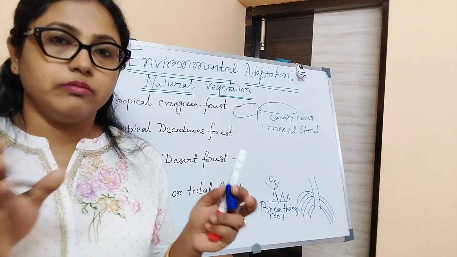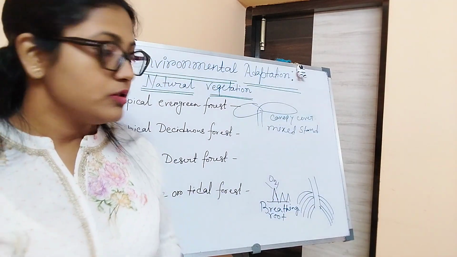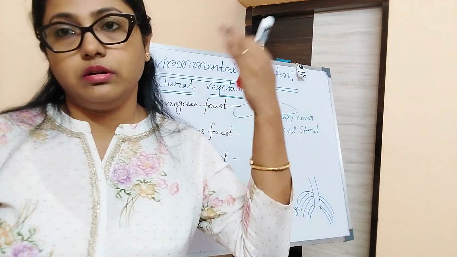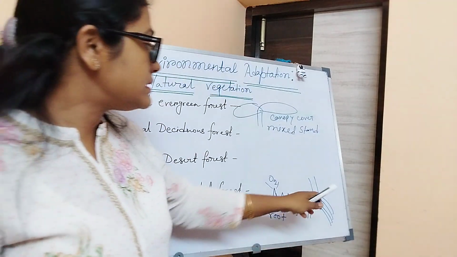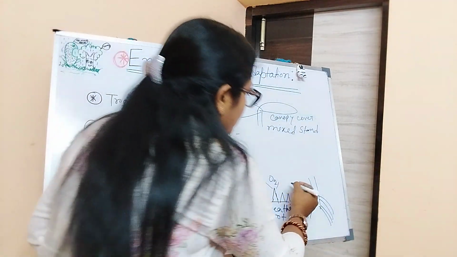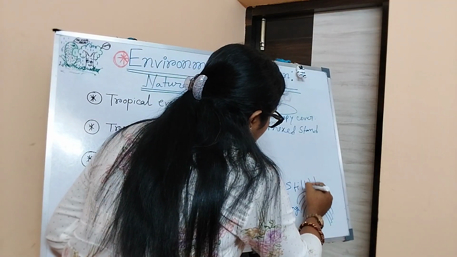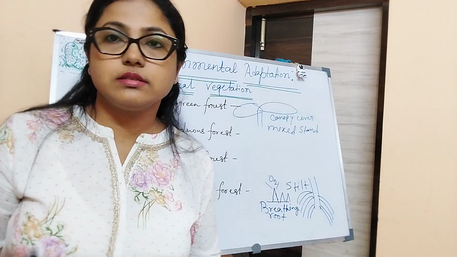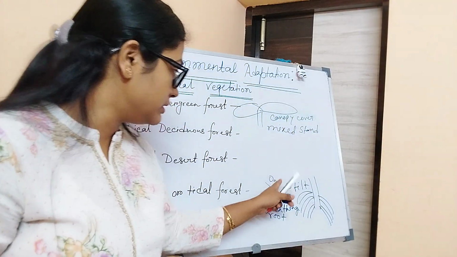So soil is very much muddy and unstable. So on this unstable soil, so that the trees can grow in a straight way, this type of root system has been found. This type of root system is called stilt root system. Stilt, S-T-I-L-T. Stilt root system has been grown in this forest.